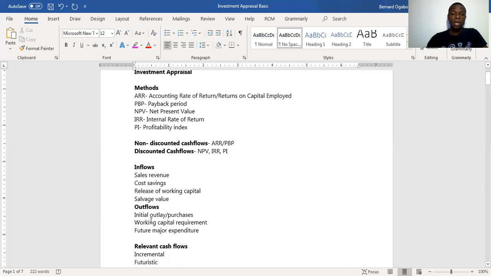But on a general note, as part of the information you need to gather before we continue with these lectures, you should know that sales revenue is cash inflow. When you sell and you receive money, that is part of an inflow. Cost savings is deemed an inflow in capital budgeting.